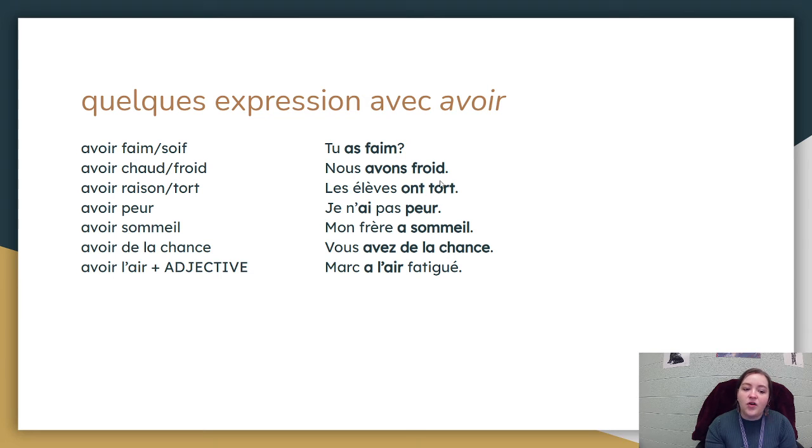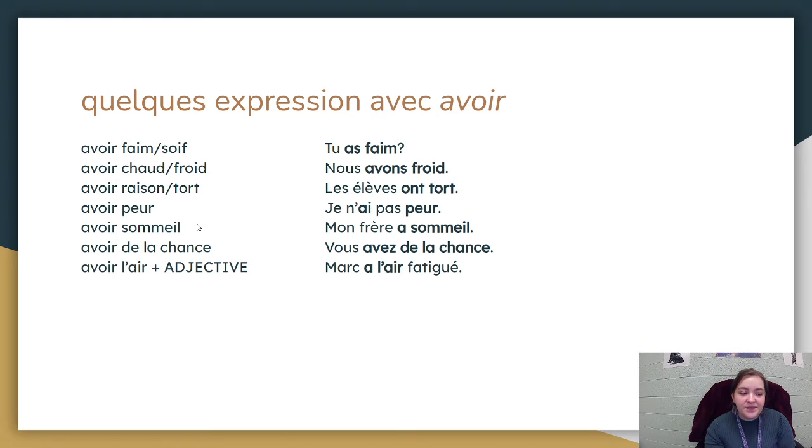The students are wrong, or the students have wrongness is literally what each word means, but the students are wrong. Then we've got avoir peur. Avoir peur. This means to be afraid. And then our sentence, je n'ai pas peur. I'm not afraid.